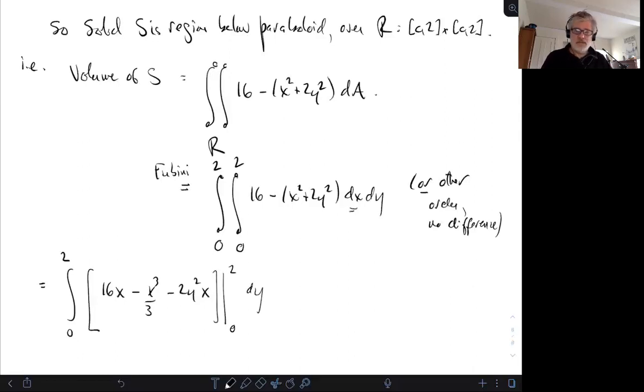So I've just computed the inside part using the fundamental theorem of calculus. Just evaluate at 2, evaluate at 0, and subtract. So this will be 32 minus 8 over 3 minus 4y squared. And when I plug 0 in, everything disappears, so I'll just put minus 0.